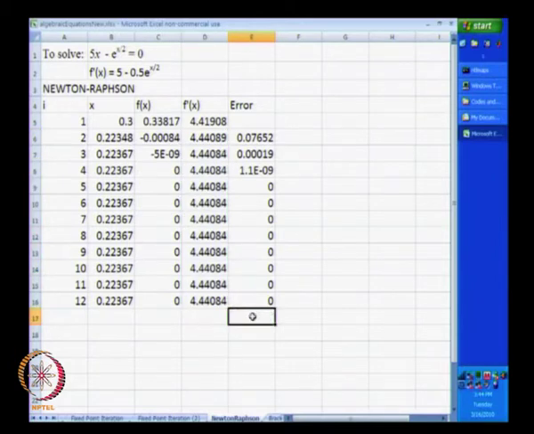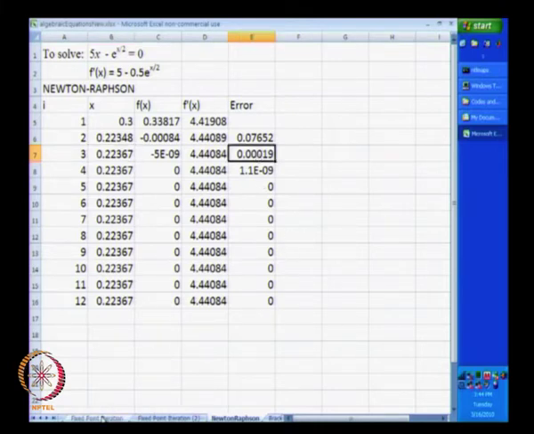So what we see is that, starting with x equal to 0.3, we are reaching our desired accuracy very quickly. The desired accuracy was 10 to the power minus 4, and we are very close to 10 to the power minus 4 already in the second iteration. X I plus 1, x3, is already fairly low.